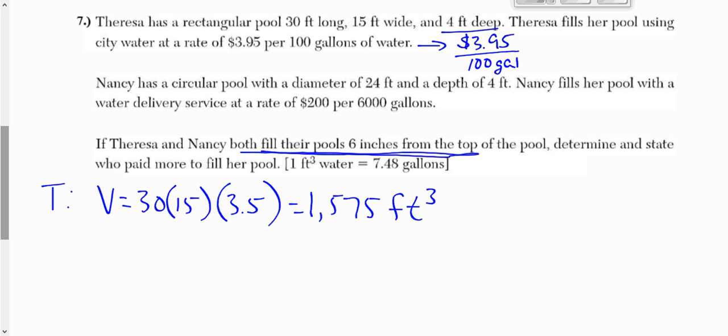Or what could we write it as? What's the other option for that ratio for Teresa? 100 and put the units in, right? Per what? $3.95, right? So what do we want to have cancel out in Teresa's situation?